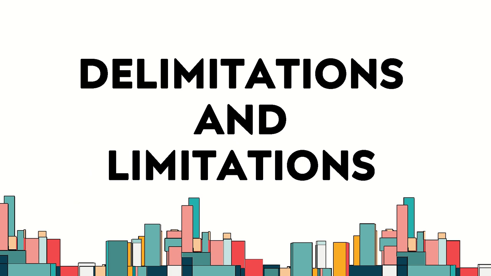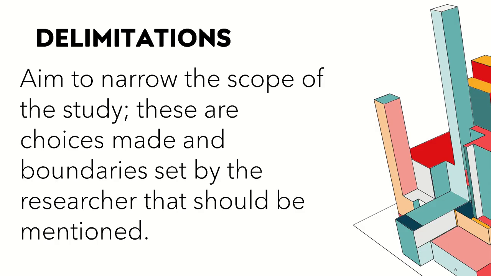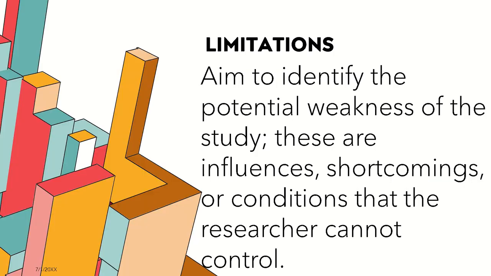So let's narrow down what are limitations and what are delimitations. When we say delimitations, it aims to narrow the scope of your study. These are the choices made and boundaries set by the researcher that should be mentioned, while the limitations aim to identify the potential weaknesses of the study.